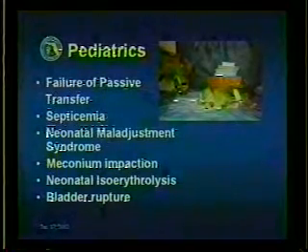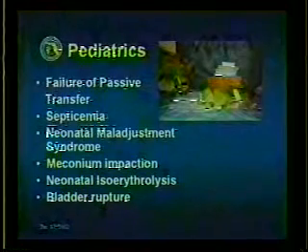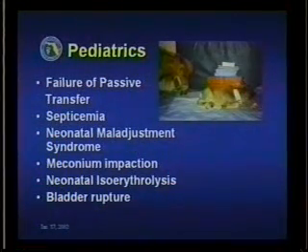The prognosis is much worse in the case of septicemia, and foals usually need to be treated very aggressively for septicemia, whereas the treatment for neonatal maladjustment syndrome will be primarily supportive. Foals that are a few days old that colic very often have an obstruction of the terminal part of the intestine by meconium.